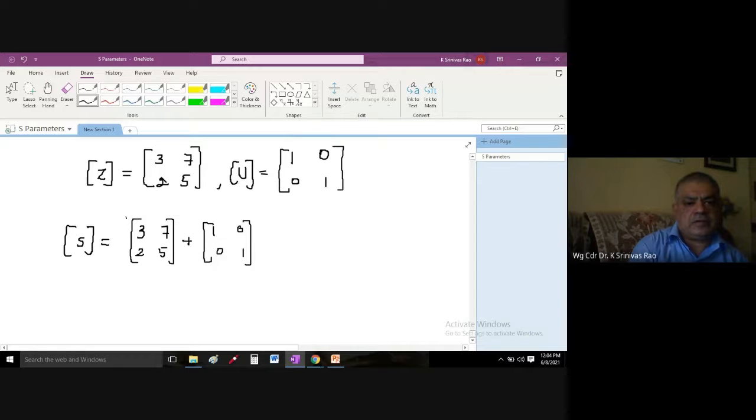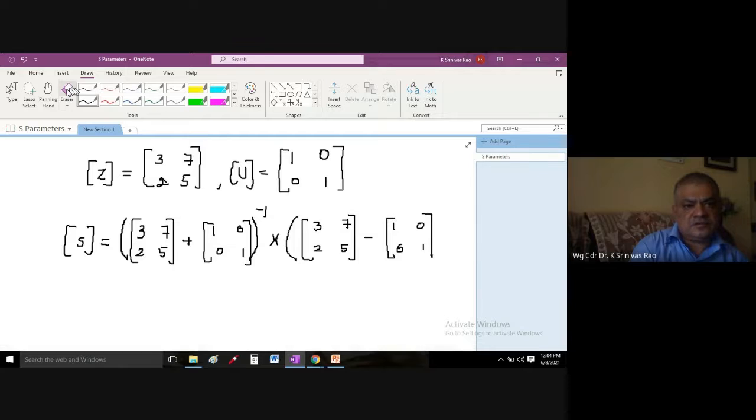Then I will enclose it in the bracket and take the inverse, then multiply by the Z matrix, that is [3 7; 2 5], minus the unit matrix, that is [1 0; 0 1].